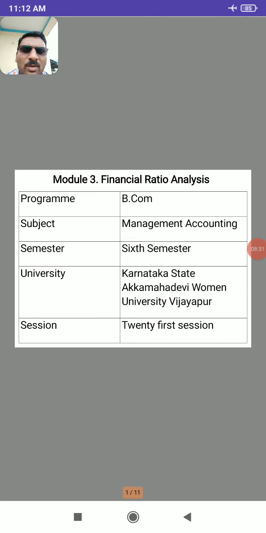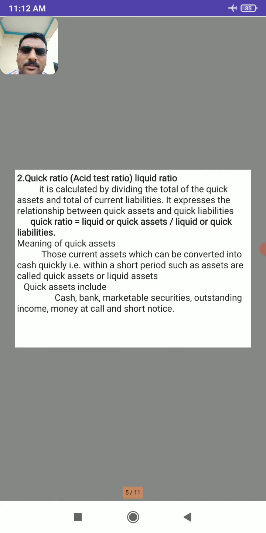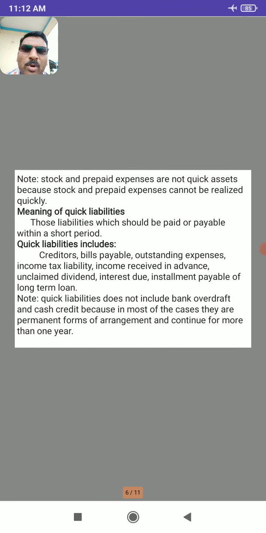Quick assets include cash, bank, marketable securities, outstanding income, and money at call and short notice. An important note: stock and prepaid expenses are not quick assets. These are current assets, but they are not included in the list of quick assets, because stock and prepaid expenses cannot be realized quickly.